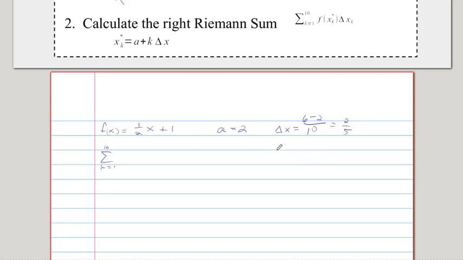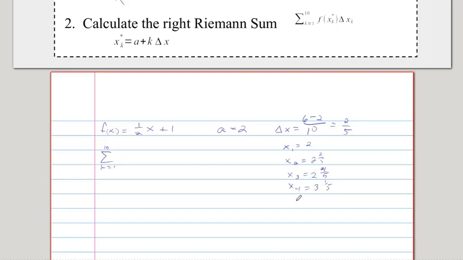So what that means is, in my partition, the first one is going to be 2, the second one will be 2 and 2/5. I won't do all of these, but just to get the pattern, 2 and 4/5. So each time I'm just adding delta x's. The fourth one will be 3 and 1/5.